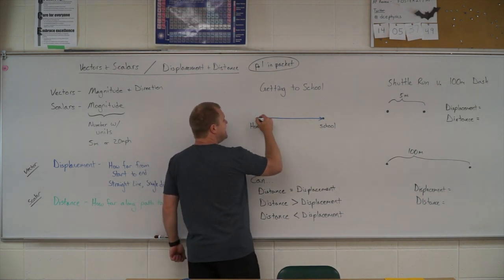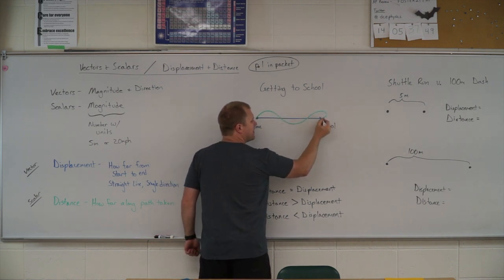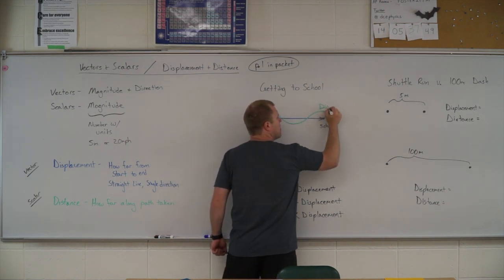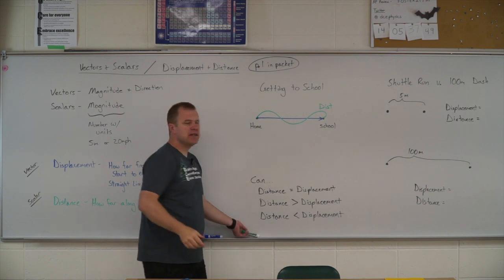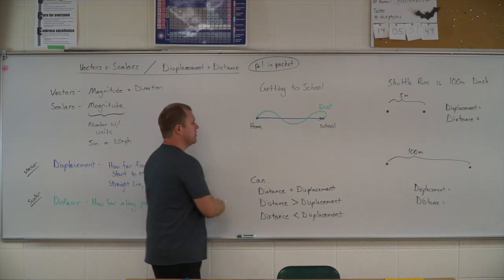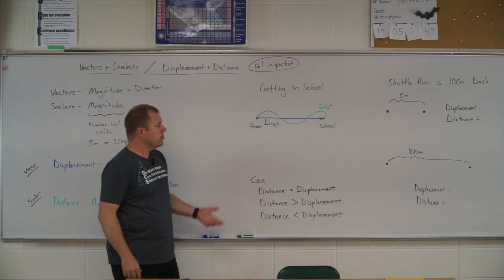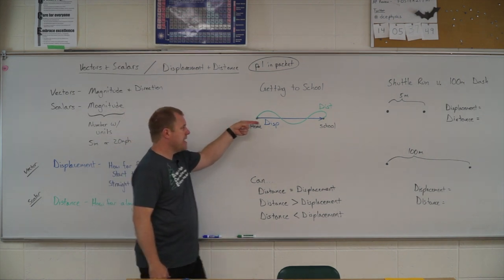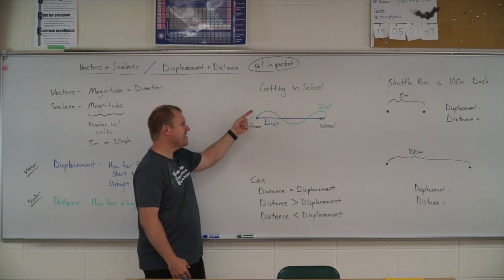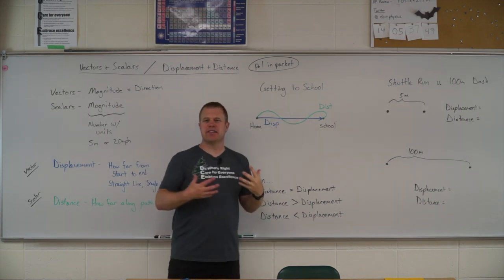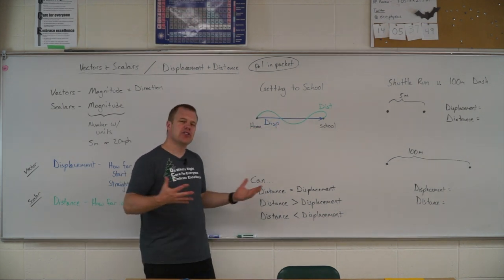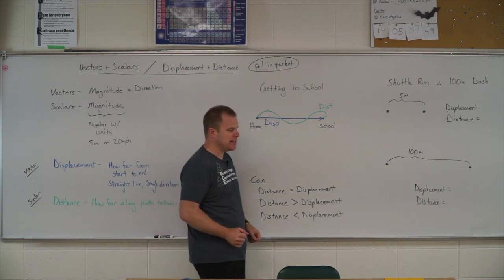And so the distance would be that path taken. Whereas that displacement is that blue line there. Okay, so that is our displacement. And so you'll notice that our displacement has a single direction, but our distance, the direction is changing all the time, so it doesn't have a single direction. So we just talk about its magnitude by itself.